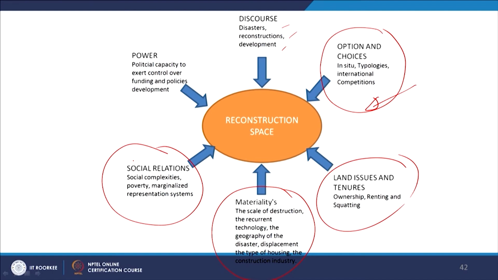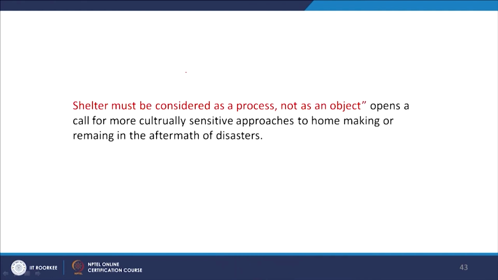The marginalized representation systems who often get affected by the disaster. Power, whether it is a local government, an agency, or a feudal system. That is where the ideologies come in, how they frame and conceive development, and the political capacity to exert control over funding and policies.